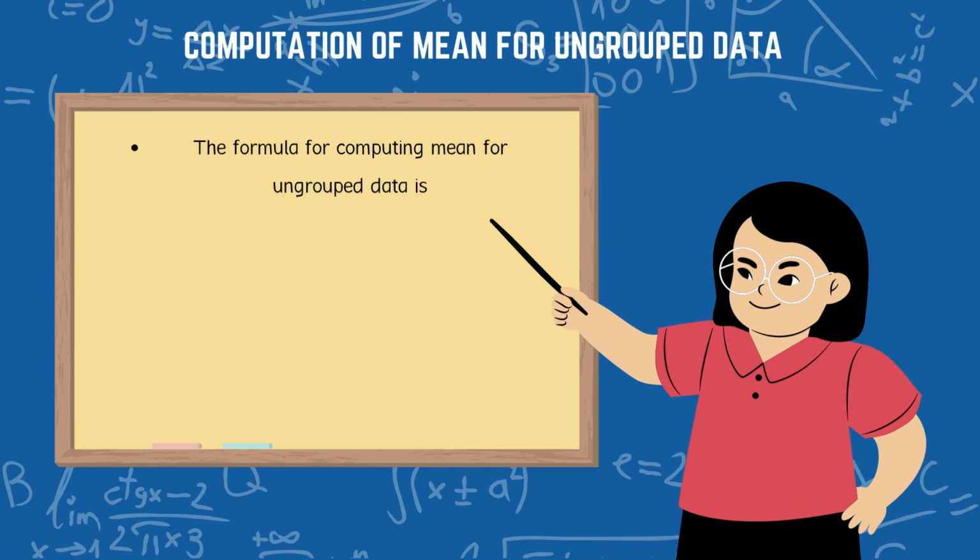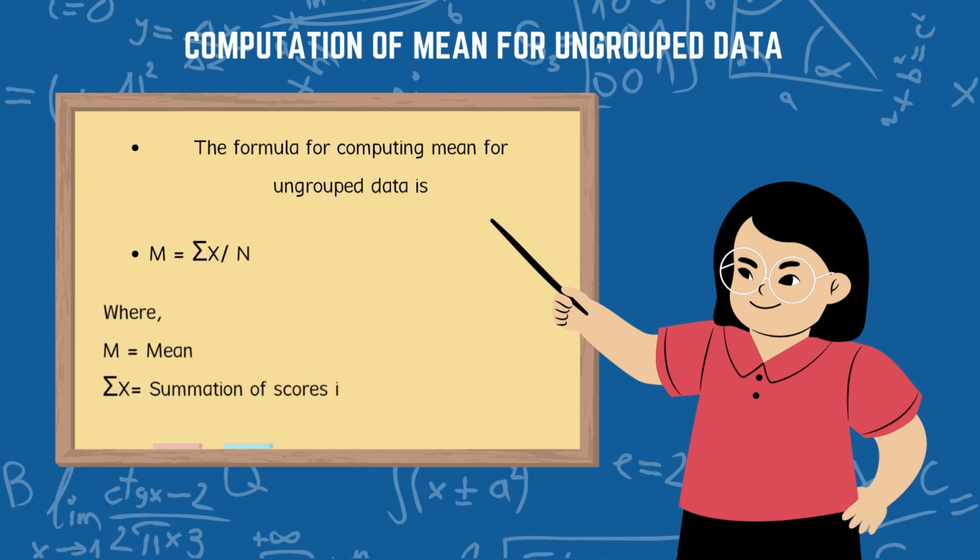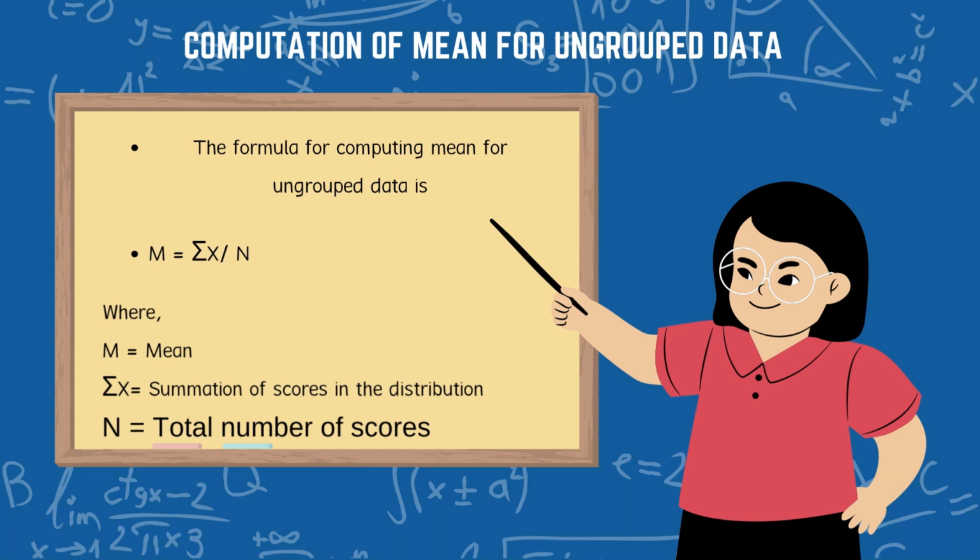You can see on the screen that the formula is M is equal to summation of capital X divided by n, where capital X means the individual score of the data set, n is the total number of data, capital M indicates the mean of the data set, and summation X means the sum of all the scores in the distribution. With the help of these three things, we calculate the mean of the data set.